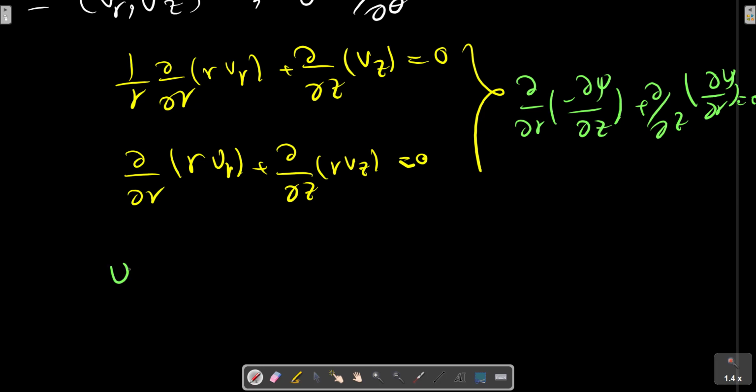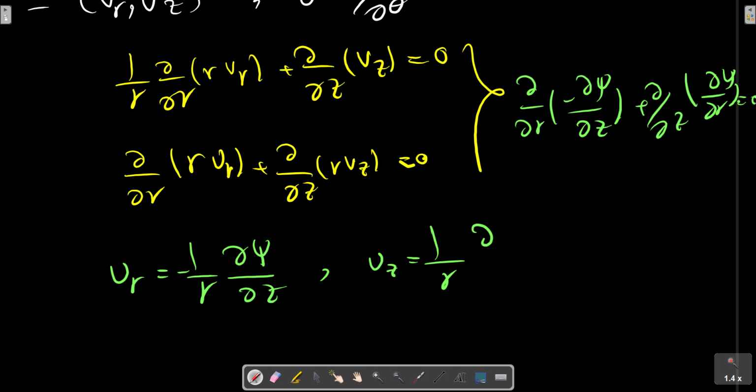Vr equals, and Vz equals. Here again we have lines of constant psi as streamlines, but there is a factor 2 pi in the volume flow.